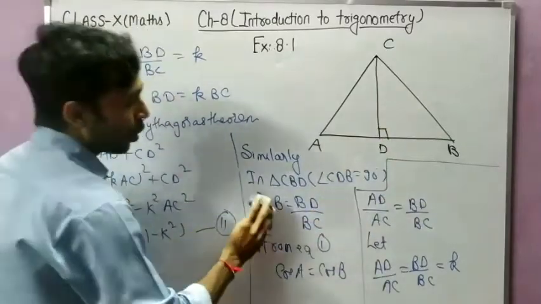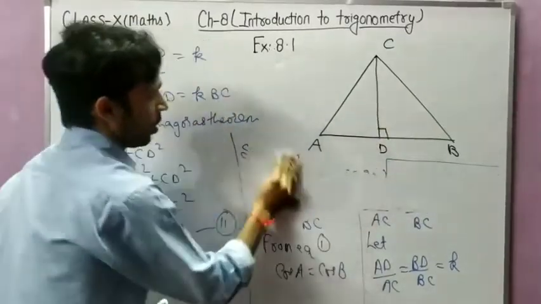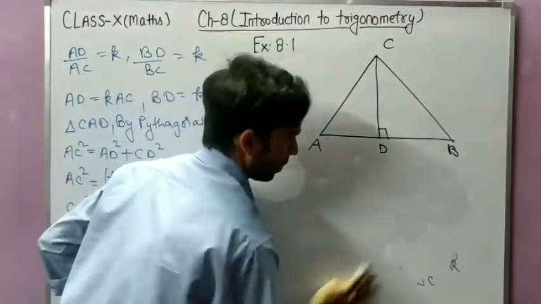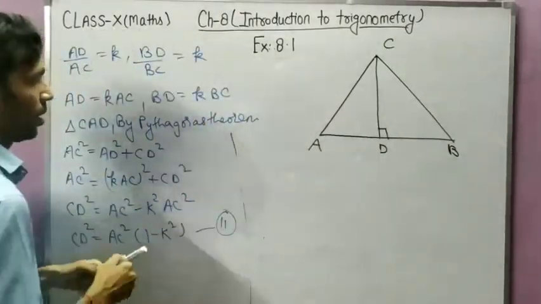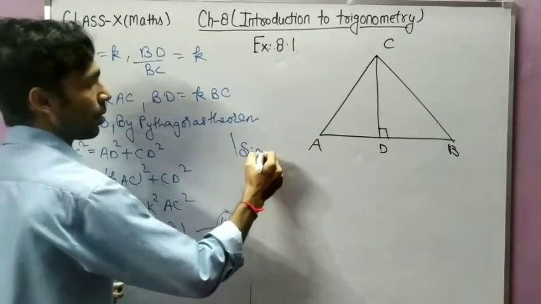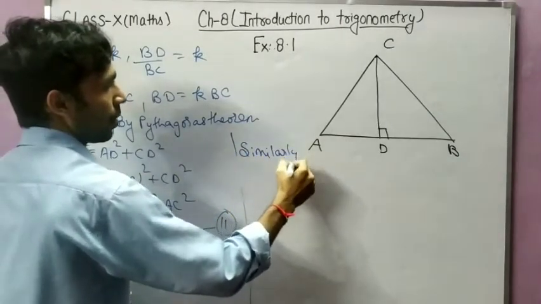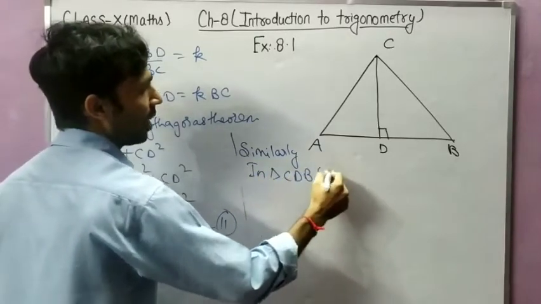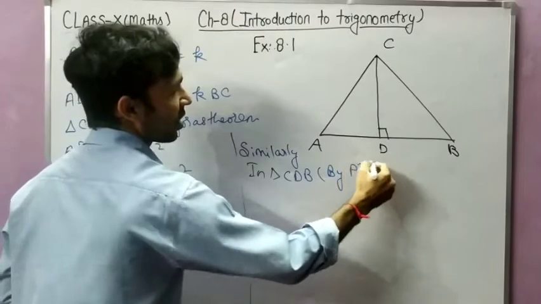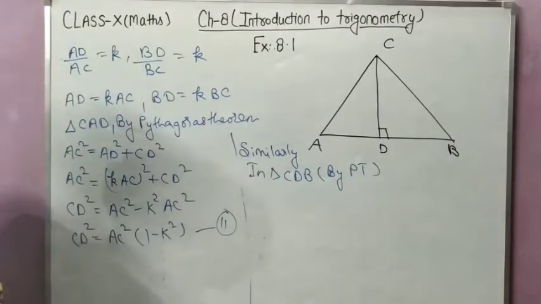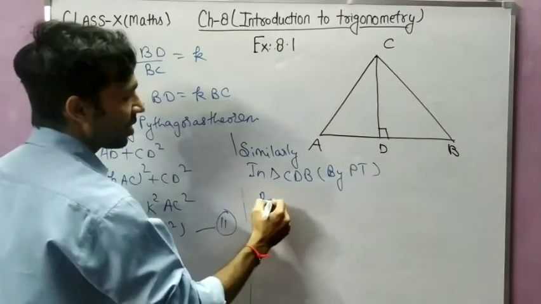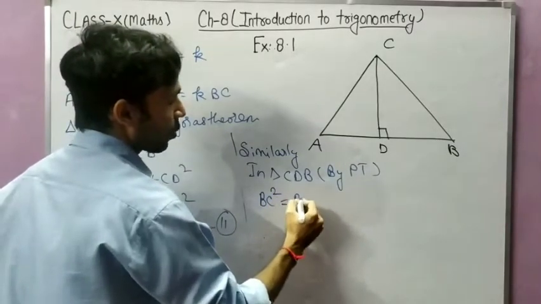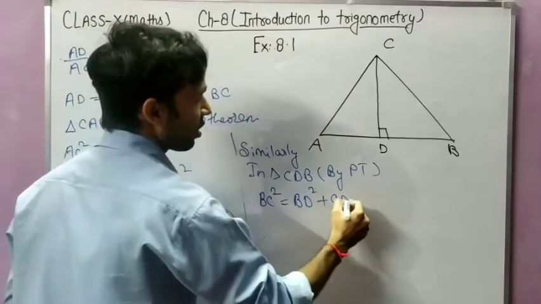Okay. So what we will do, student? So similarly we can write, similarly in triangle CDB, again by Pythagoras theorem, we can write BC square is equal to BD square plus CD square.